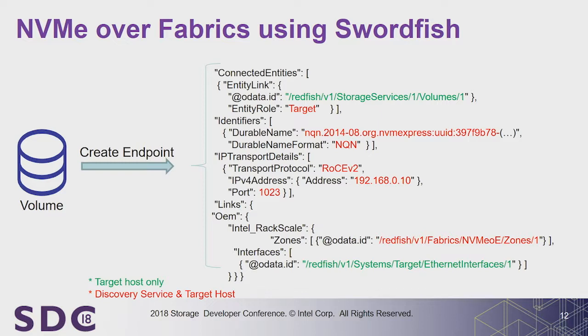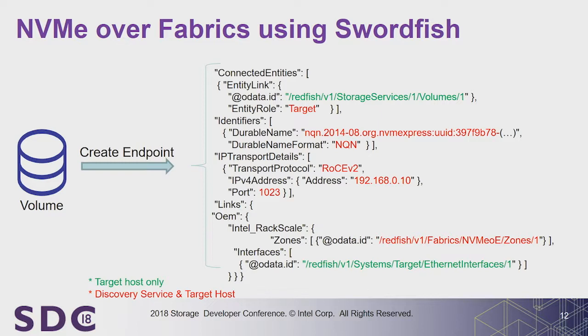Next section is the IP transport details. IP transport details provide you information how to connect to this remote target, this volume. So you need to have an IP address and port on which you are going to have this connection. So this is the important information, and also the protocol that we are going to use.